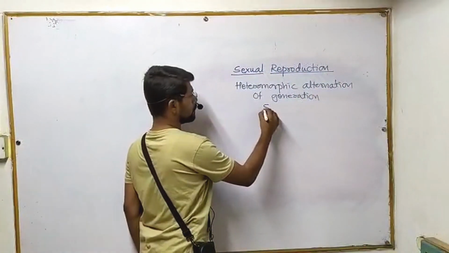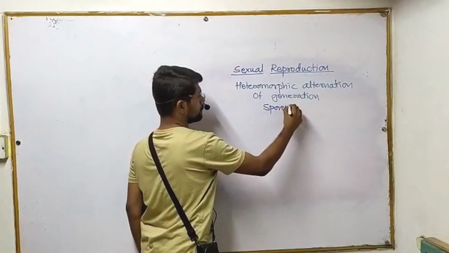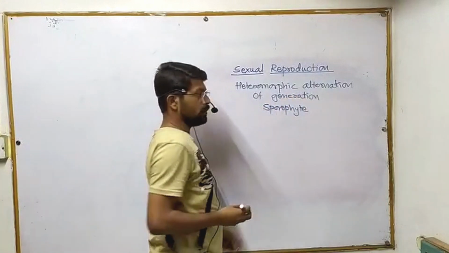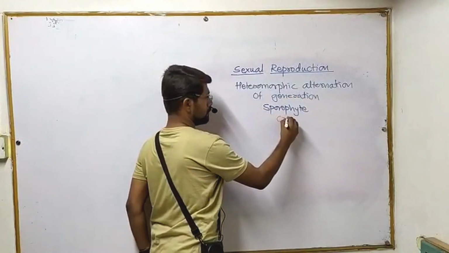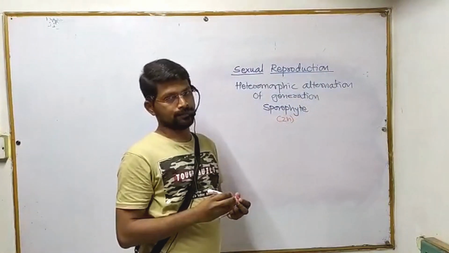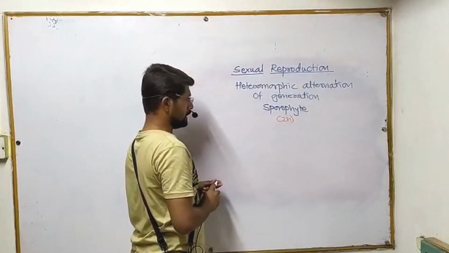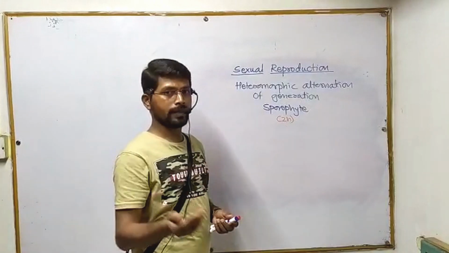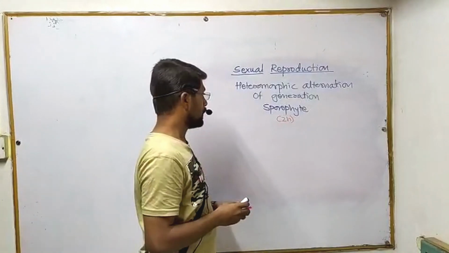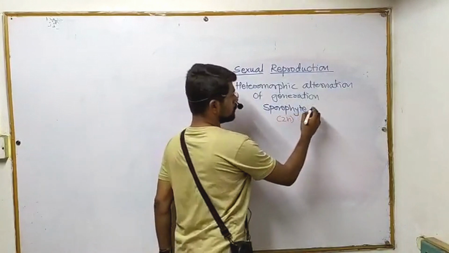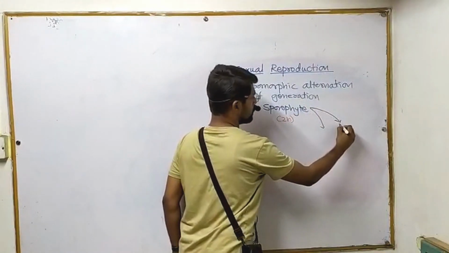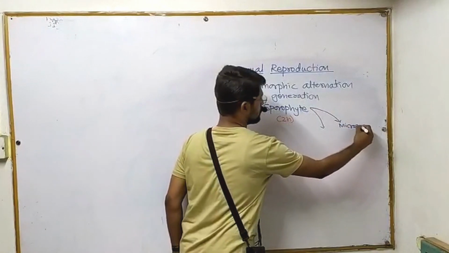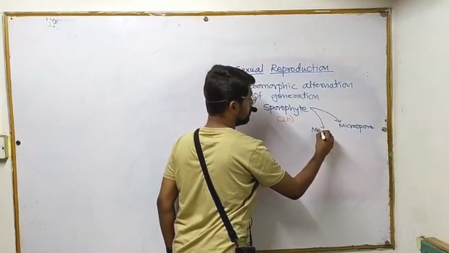The first one is called the sporophytic or sporophyte generation, which is related with spore formation, and this stage of the life cycle is diploid. The second phase is the gametophyte, and how it is developed, let us see in the life cycle. Now sporophyte is used to produce the spores. One is called microspore, another is called megaspore.